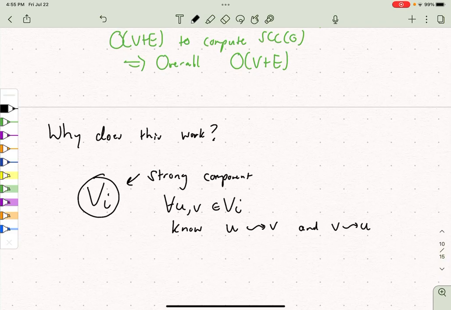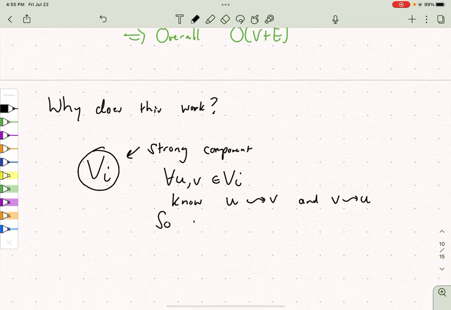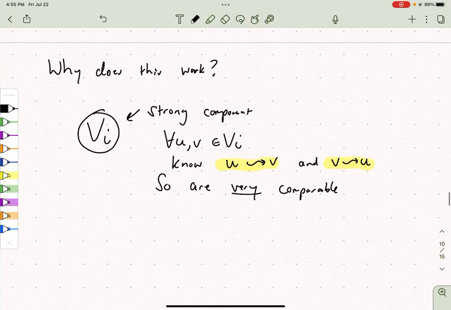So any two nodes in a strong component are comparable. In fact, they're very comparable. Not only does it satisfy one of the required relationships, it actually gets both. So for any two nodes in a strong component, we know for sure they're comparable, so we don't need to check for incomparability. So the only places where nodes could be incomparable is between different strong components.